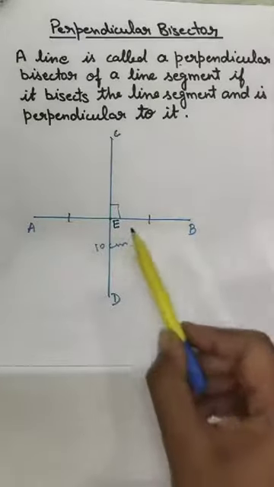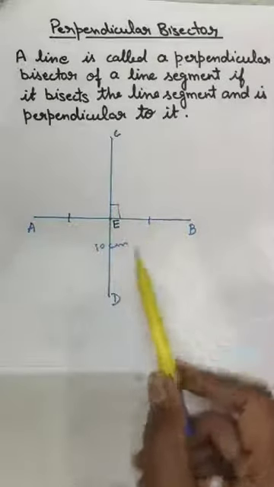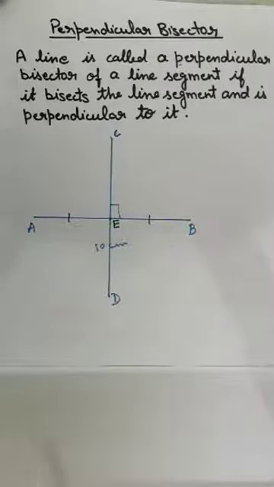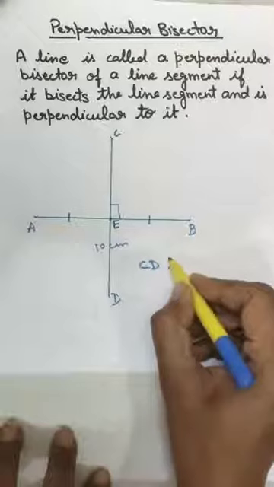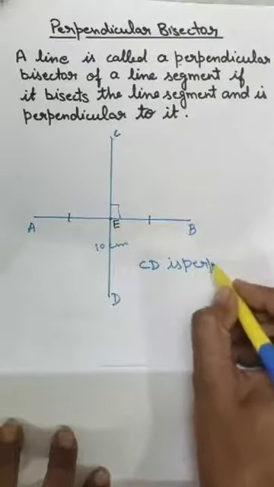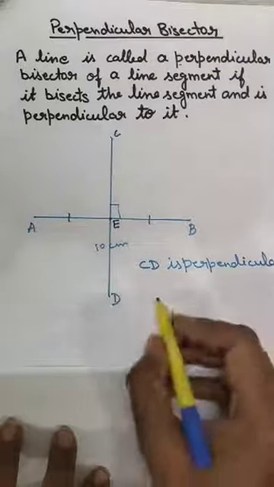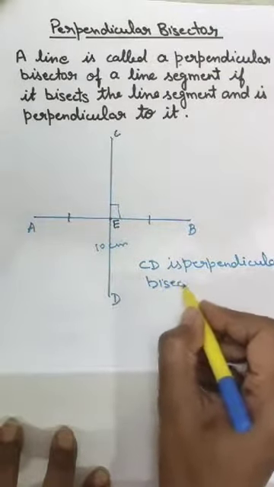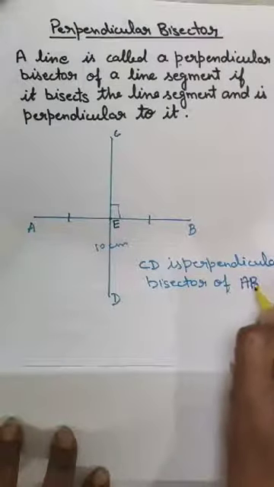Perpendicular means making the angle of 90 degree and bisector means dividing into two equal parts. So in this case we can say that CD is a perpendicular bisector of AB.